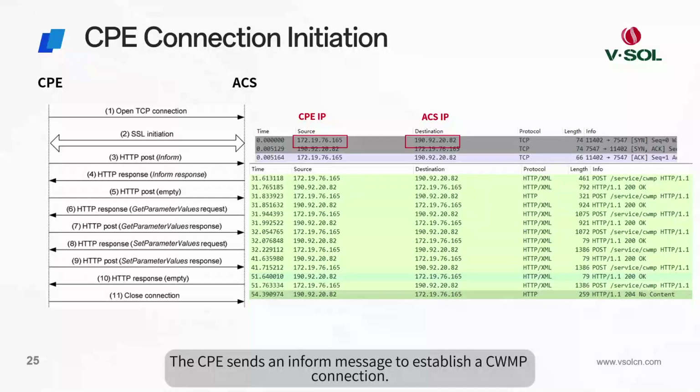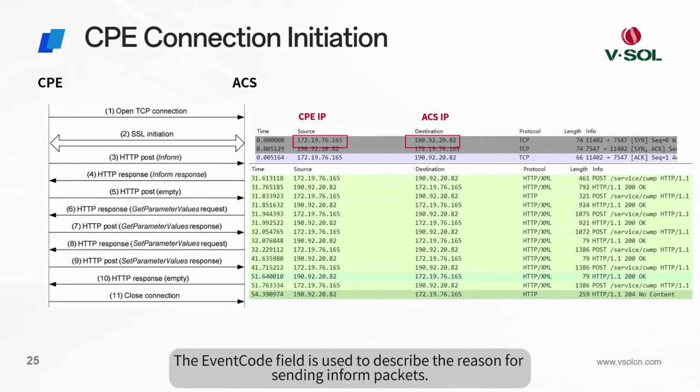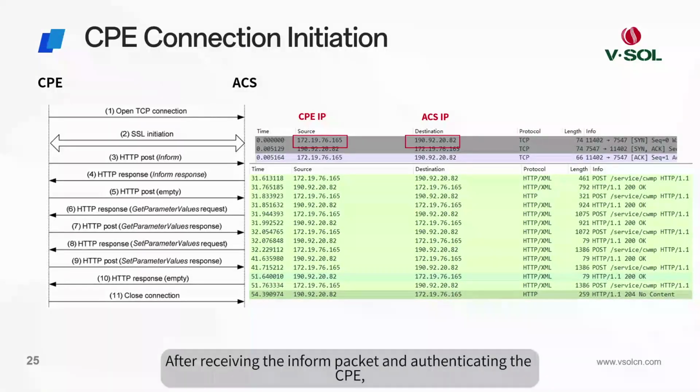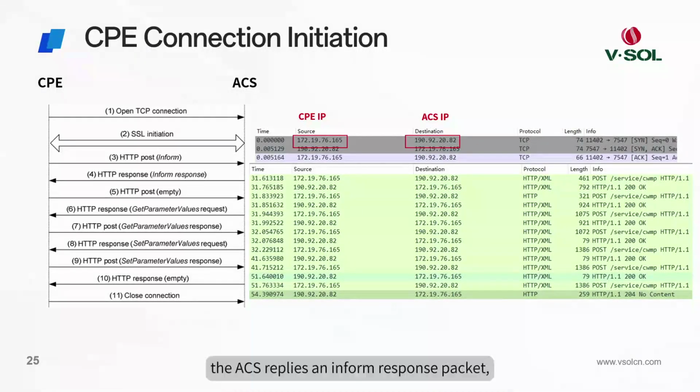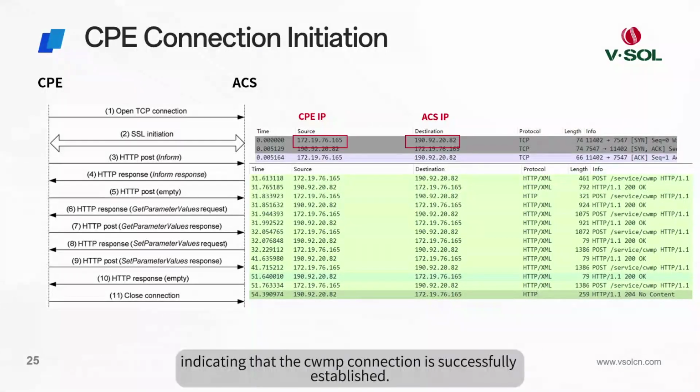The CPE sends an inform message to establish a CWMP connection. The event code field is used to describe the reason for sending inform packets. After receiving the inform packet and authenticating the CPE, the ACS replies with an inform response packet, indicating that the CWMP connection is successfully established.